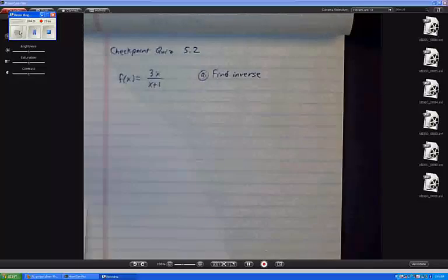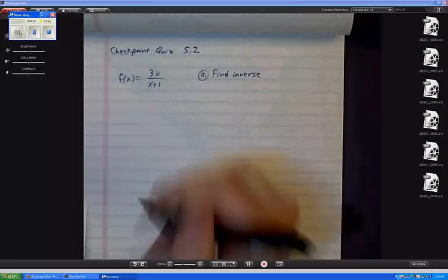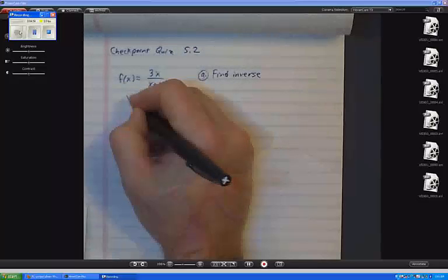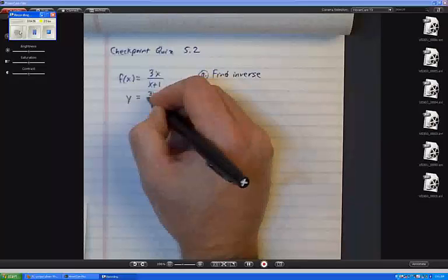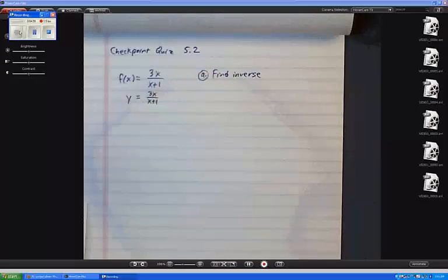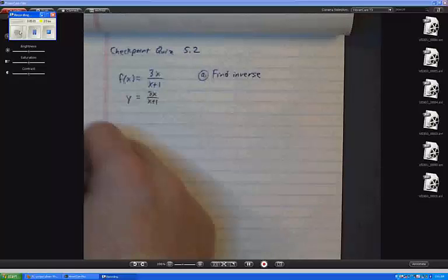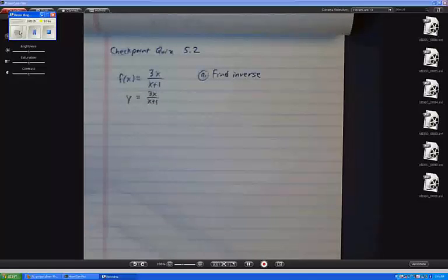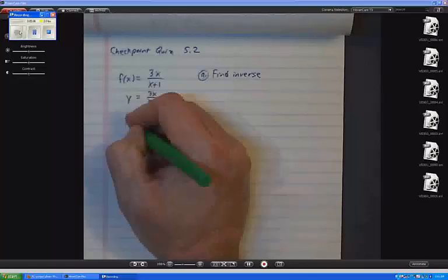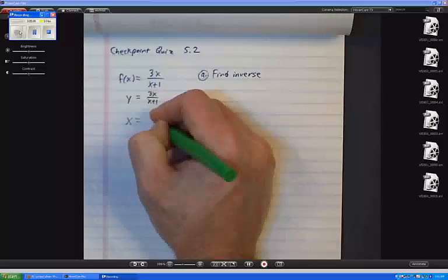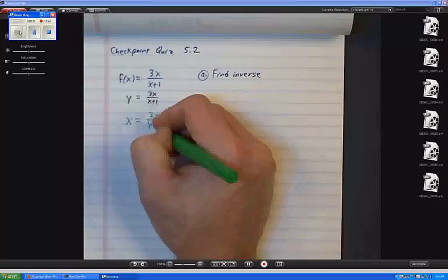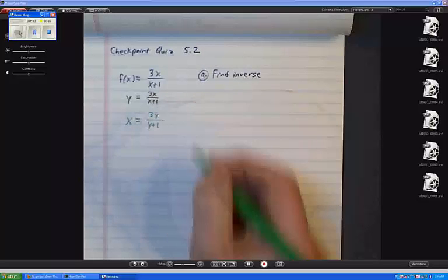First I want to write y equals 3x over x plus 1. And then what do I want to do next? We want to switch. So we're going to switch the x and the y. So I'll write x equals 3y over y plus 1. Okay?